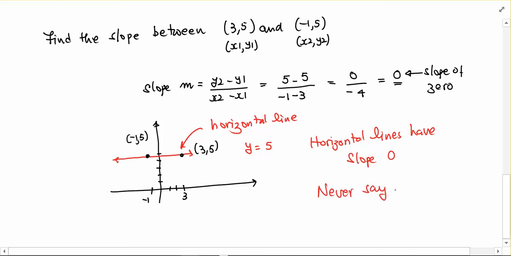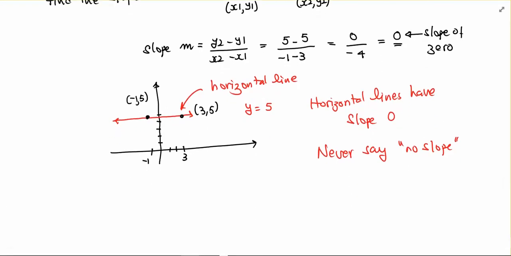Because what does that mean? Does it mean the slope is undefined, or does it mean the slope is 0? No slope is ambiguous. If it's a horizontal line, the slope is 0. Just say slope 0. Never say no slope.